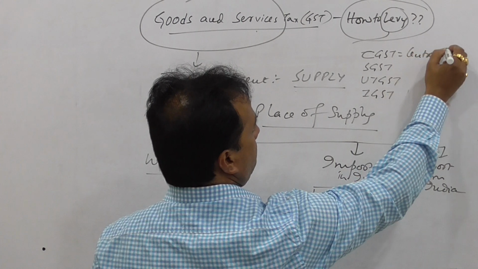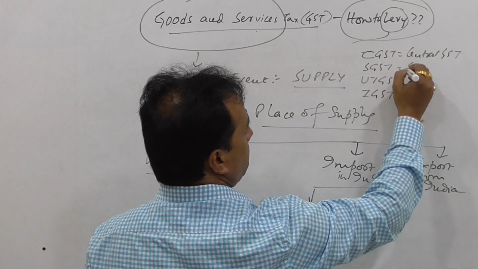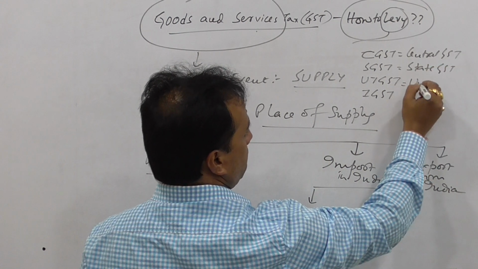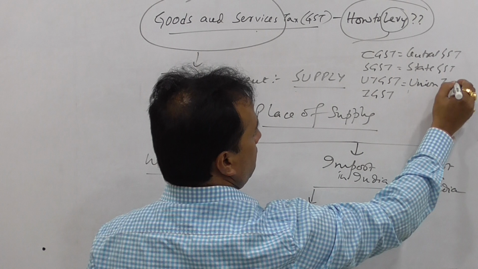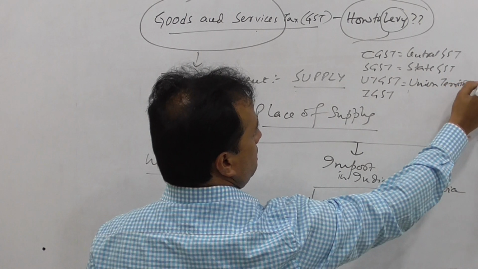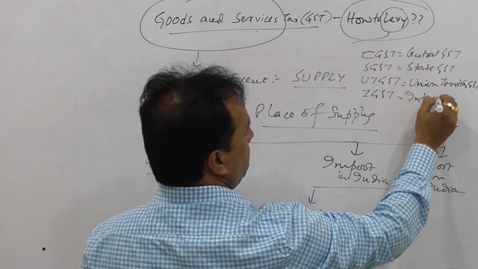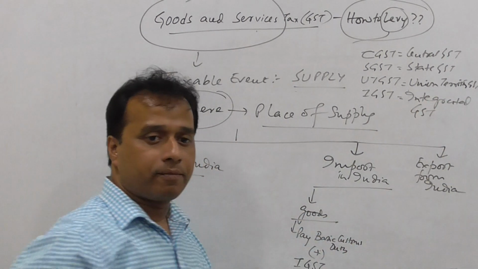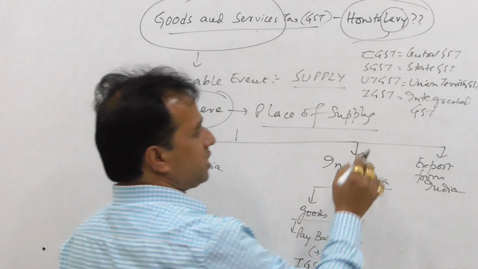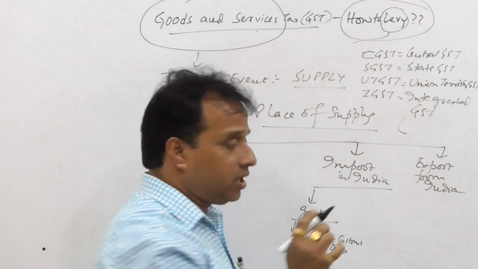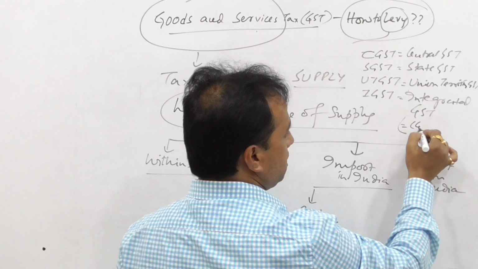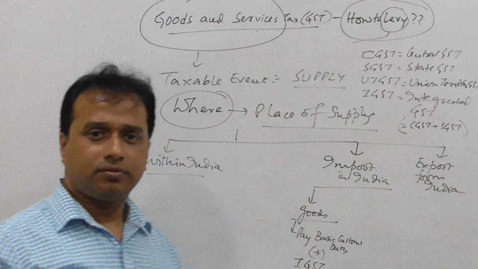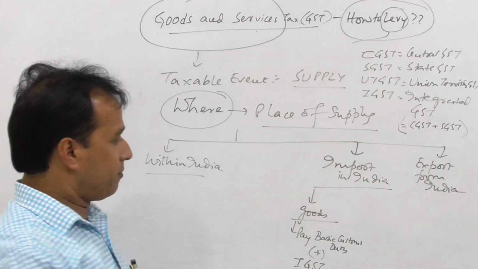CGST means Central Goods and Service Tax. SGST means State Goods and Service Tax. This is Union Territory GST, and this is Integrated Goods and Service Tax. This Integrated Goods and Service Tax per se is actually equal to CGST plus SGST. Just for your general understanding.